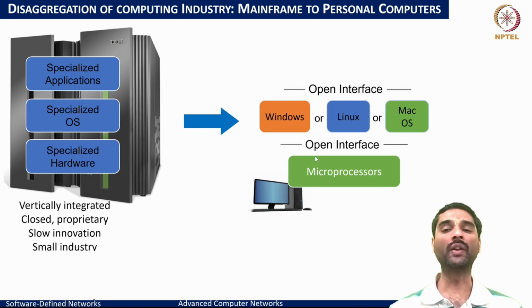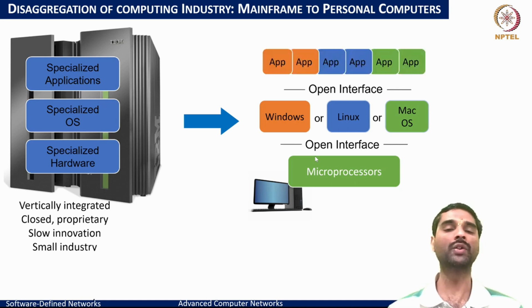And these operating systems, in essence, provided the open interface for applications to flourish. And that's what led to the massive growth of personal computers. So these open interfaces are crucial for evolution and innovation. And the same holds good now for the networking industry.